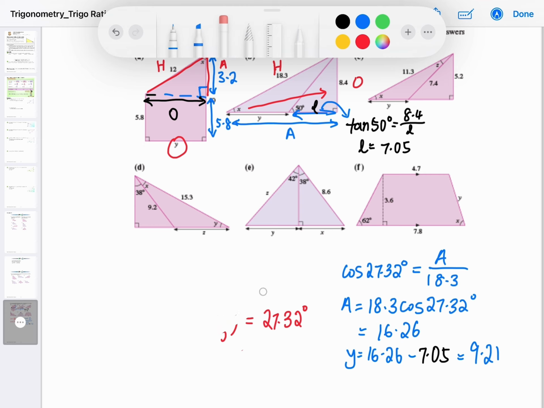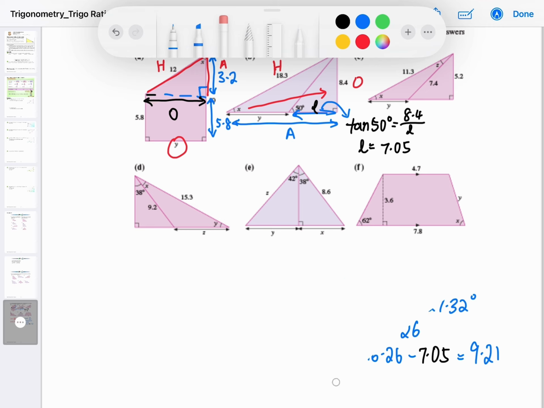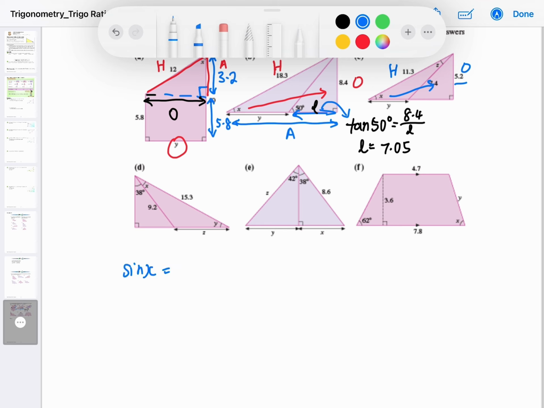In part C, we are looking again at the same kind of question where there are two triangles within each other. Let's start with x again. Opposite, which is 5.2, is my opposite, and then I have my hypotenuse. Sine x equals 5.2 over 11.3.